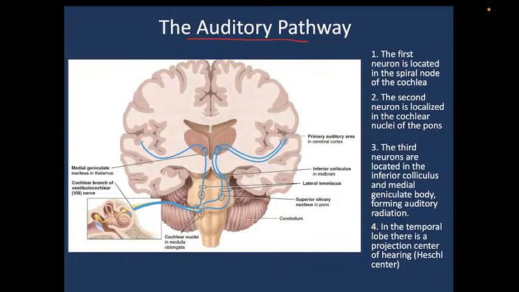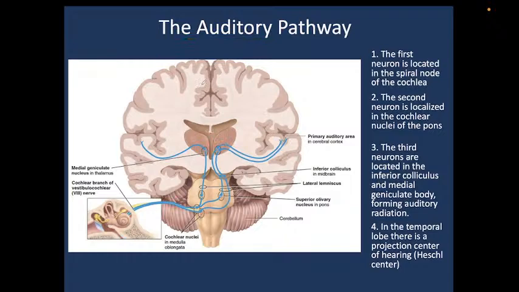You see they are located in the pons. And then it forms the lateral lemniscus. This is the pathway to the thalamus, where the third neurons are located. And then from the thalamus, the axons of the thalamic neurons come into the temporal gyri and form the center of hearing.